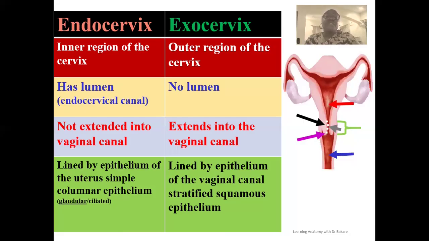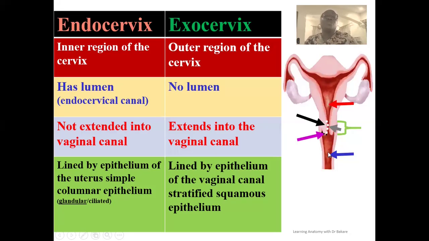But if you go more inferiorly in this outer region, you have the ectocervix or the exocervix, and this is lined by a different type of epithelium. The epithelium lining this region is a stratified squamous type of epithelium, which means a flat layer of epithelium that is seen in multiple layers. So this epithelium lining the ecto or the exocervix is also continuous with the epithelium lining the vaginal canal, because the vaginal canal is also lined by this type of epithelium.